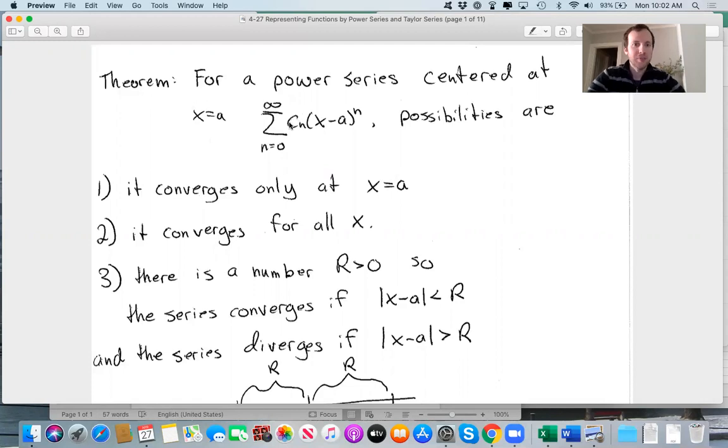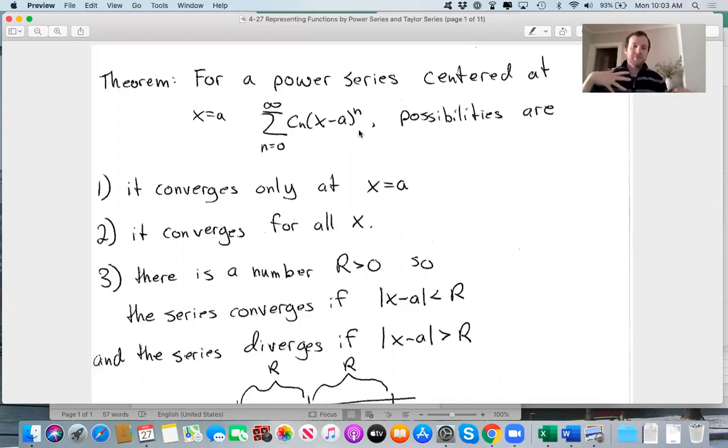So, you have parts of the series which depend on n, but then you can also have a variable x, which appears as x minus a raised to the nth power. So if you were to write out the terms, this would look like an infinite polynomial. It would have a c0 term and then c1 times x minus a plus c2 times x minus a squared, and so on.